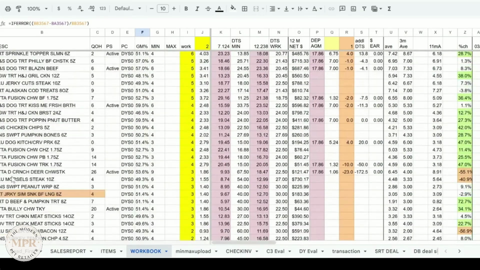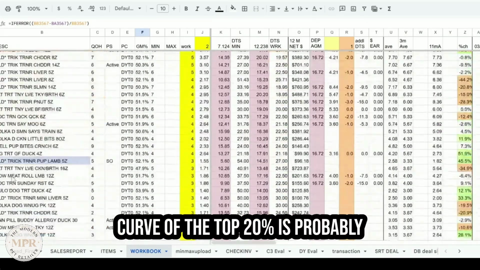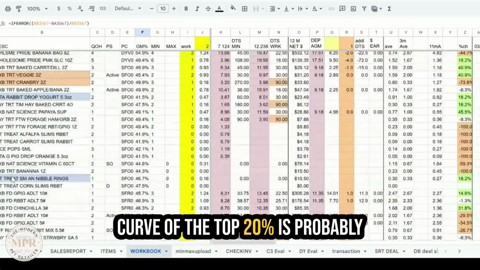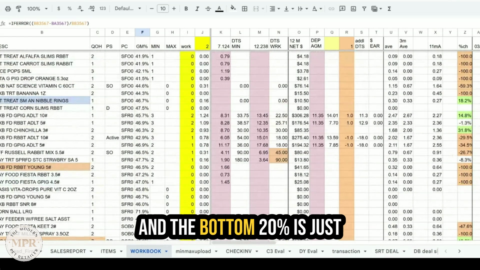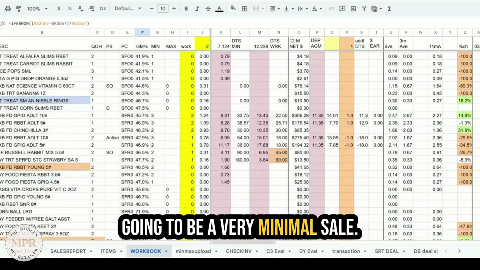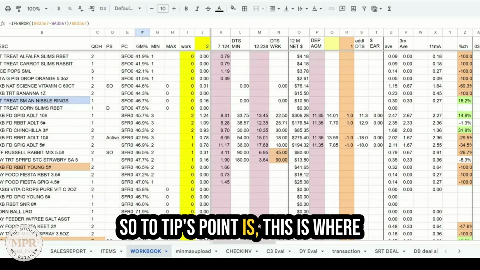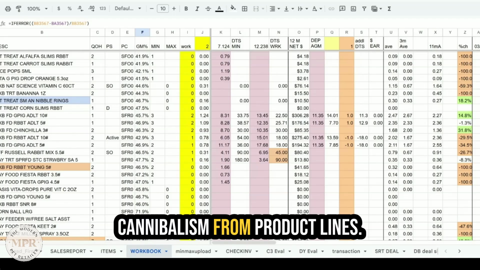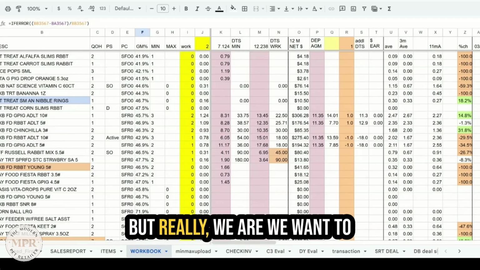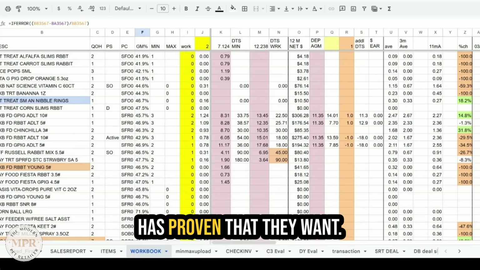We see this perfect distribution curve where the top 20% is probably going to be 80% of our sales, and the bottom 20% is just going to be a very minimal sale. So to Tiff's point, this is what we talked about before: reducing overlap, redundancy, and cannibalism from product lines. But really, we want to lean towards what the customer has proven that they want.